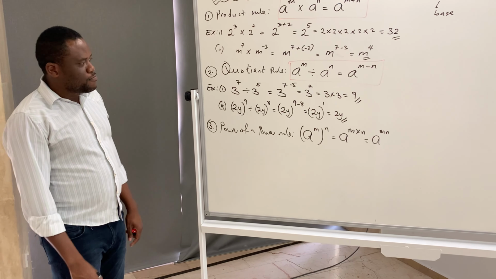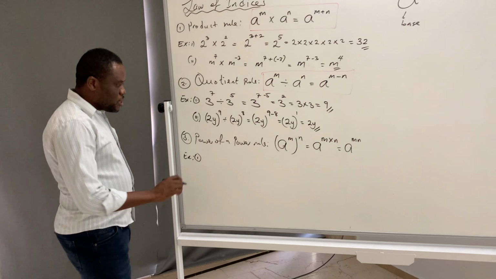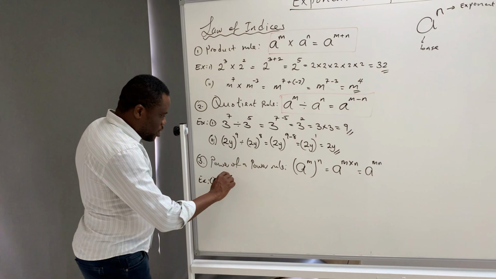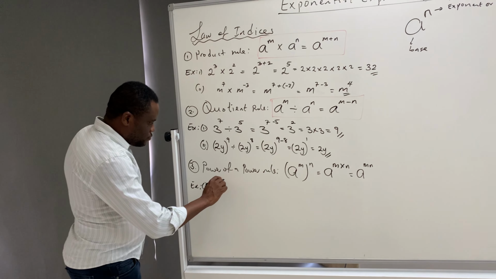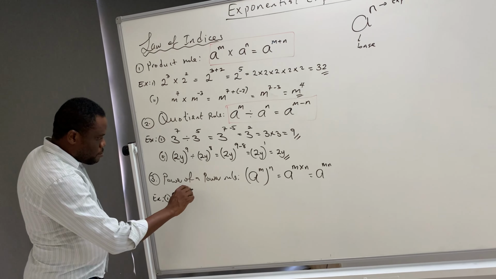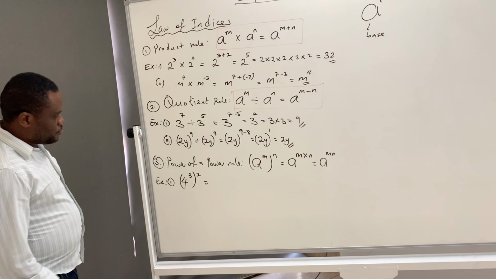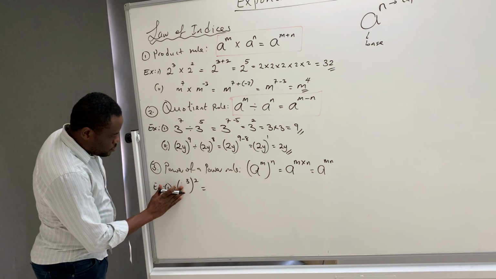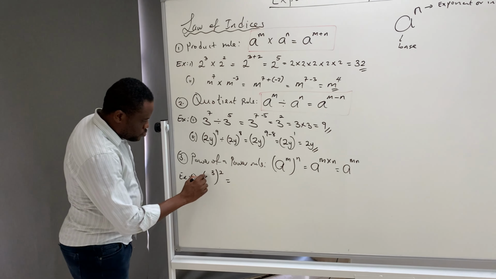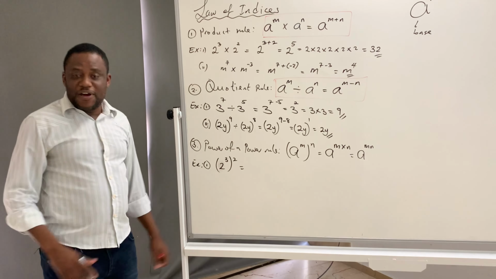Power of power example. Let me do 2 to the power of 3, all to the power of 2. Simplify this then.